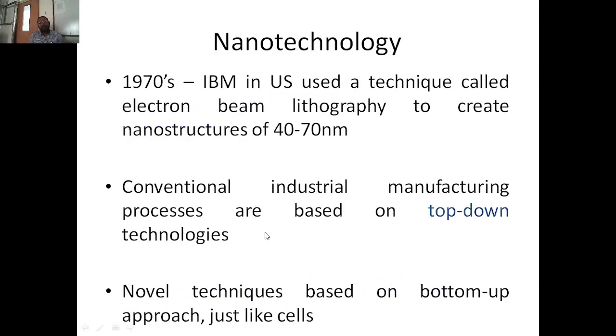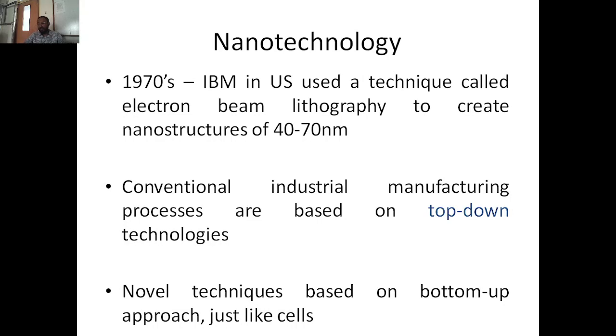In the 1970s, IBM in the US used a technique called electron beam lithography. That is the first technique used to create nanostructures artificially. We knew that nanometals had been prepared earlier, but they didn't know those were nanomaterials, because the nanometals showed different properties.